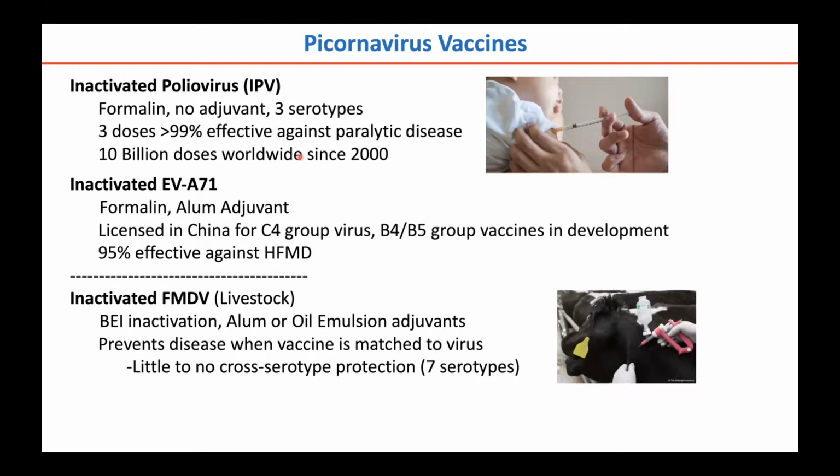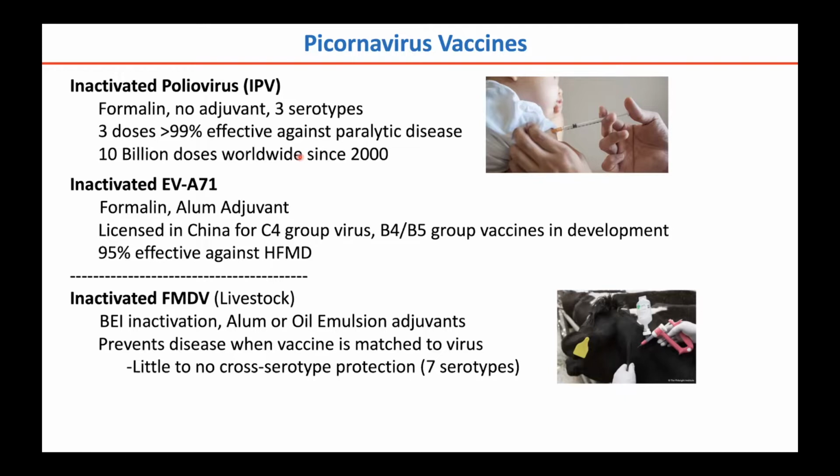Also recently, a new enterovirus A71 vaccine has been licensed in China. This is a virus that causes hand, foot, and mouth disease in children, and it can lead to encephalitis and meningitis, so it's a serious problem there. This vaccine has been shown to have at least 95% efficacy against hand, foot, and mouth disease in China. I also want to compare to our counterparts on the agricultural side.